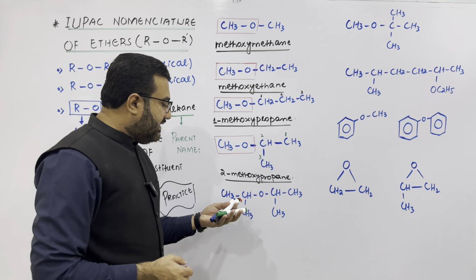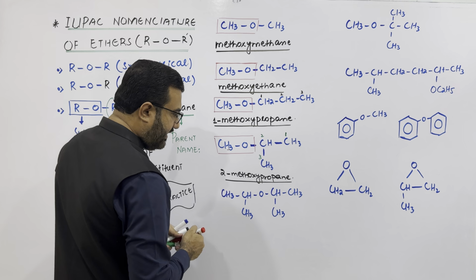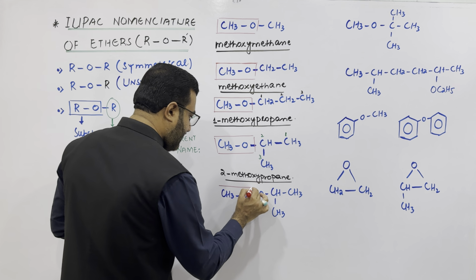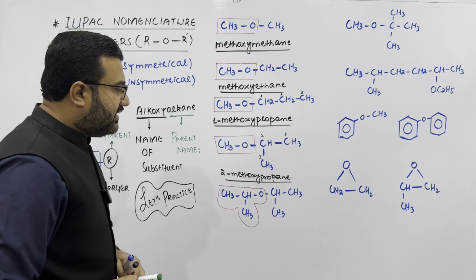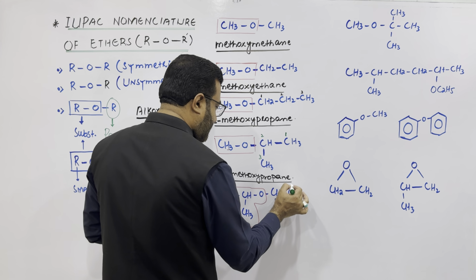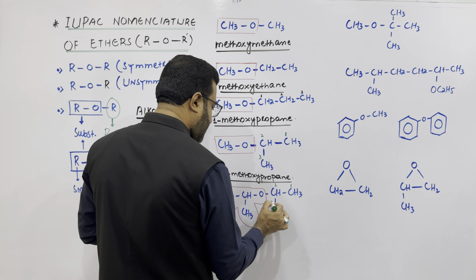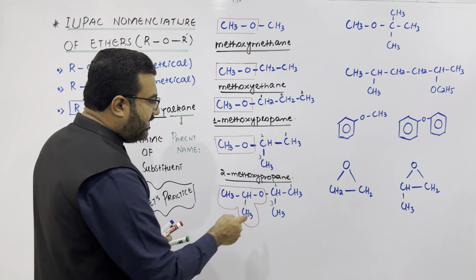Again, dear students, in this case, both alkyl groups, they are same. It is a symmetrical ether, so you can select any one with the oxygen as the substituent, and the second one will act as a parent. Now, number the carbon atoms in the parent. The substituent is attached with the middle carbon, so you can start numbering from any side. It is 2.